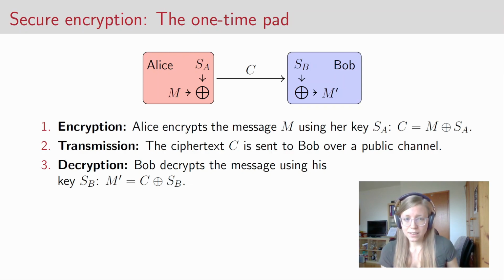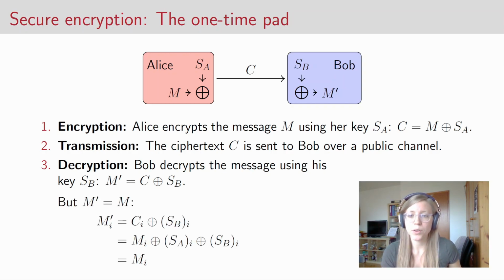And you can see that the message that Bob receives in the end, M prime, is actually the same as M. If you look at an individual bit, Mi prime, then this is the same as the binary addition of the respective bit of the ciphertext Ci with the ith bit of the key that Bob holds, SBi.